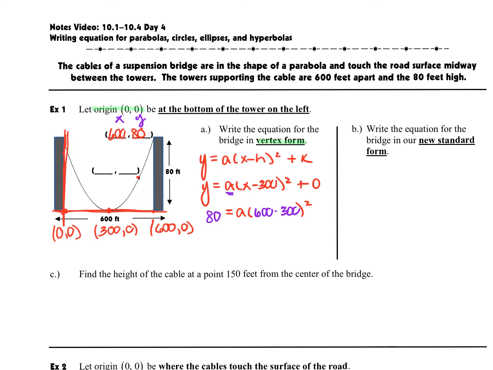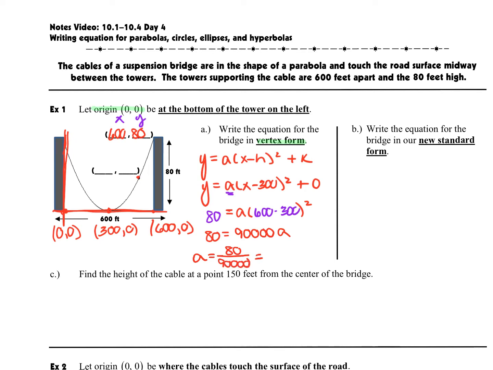If I keep solving this, what I will end up with is 80, and then over here, I'm going to have my 600 minus 300 squared. That's going to give me a 90,000, pretty big, a 90,000A. Now, if we divide both sides by that 90,000, we will get A is going to be 80 divided by 90,000.